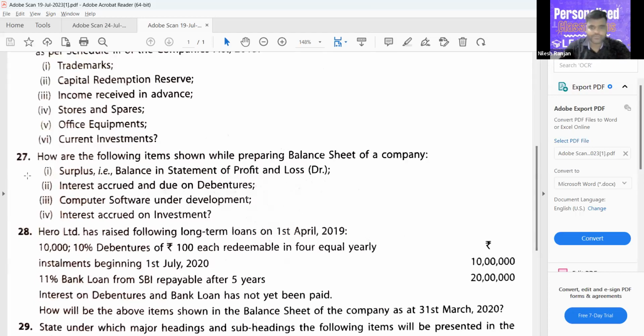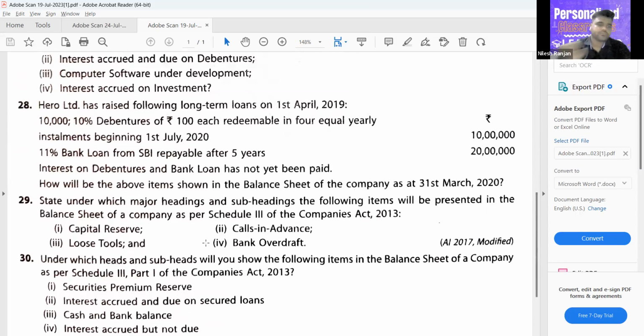Then question number 28. Please read the question. Should I say under which head it is?